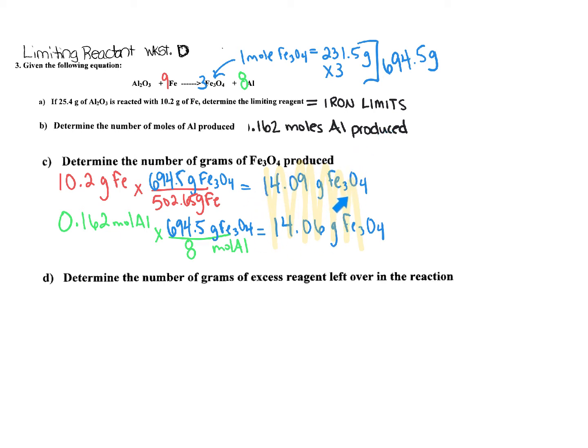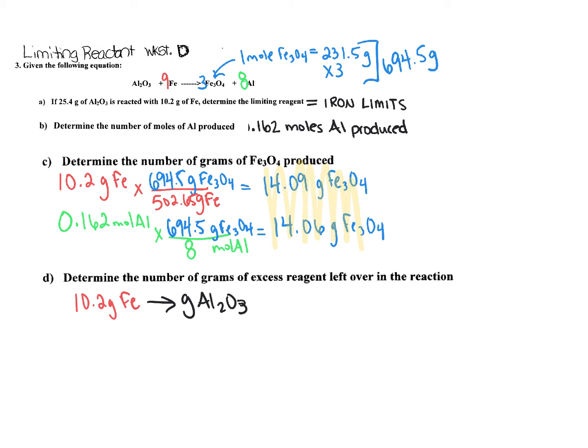We can actually solve for grams of aluminum oxide from all 3 of those, but we only have to do it once. So we want to go from one of the things we know to how many grams of aluminum oxide do we need. So I'm going to go ahead and use the 10.2 grams of iron.